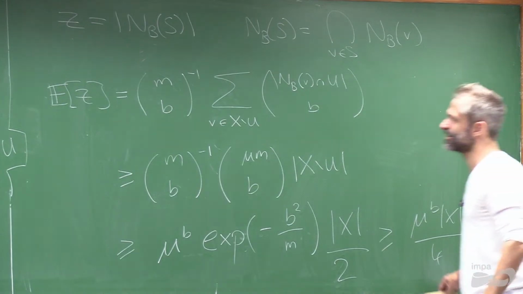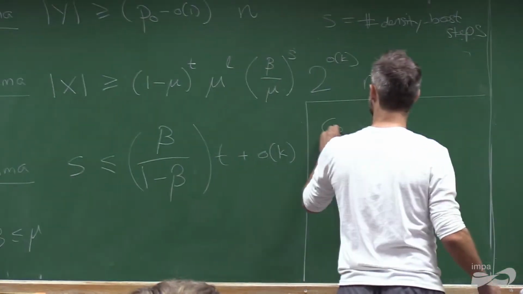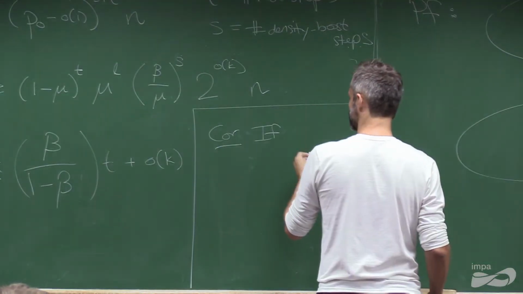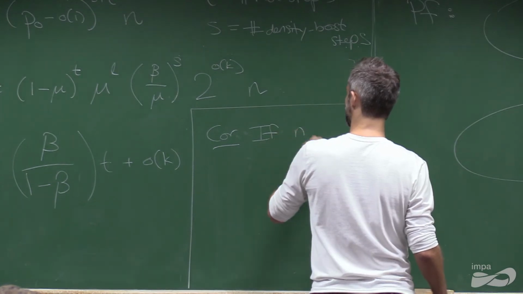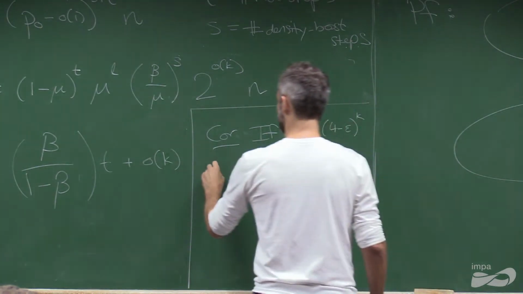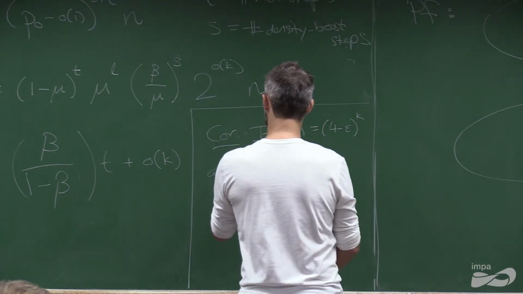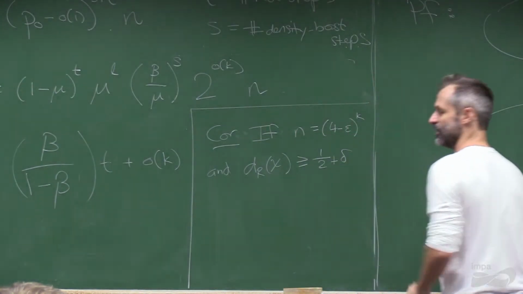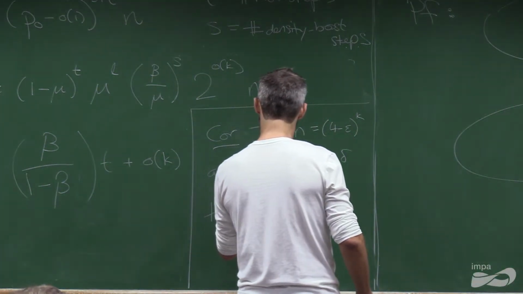Exercise. Use this lemma to deduce the following corollary. If n equals 4 minus epsilon to the k, and chi is a red-blue coloring, and the density of red in chi is at least a half plus delta, so it's not a half, then there exists a monochromatic K_k.